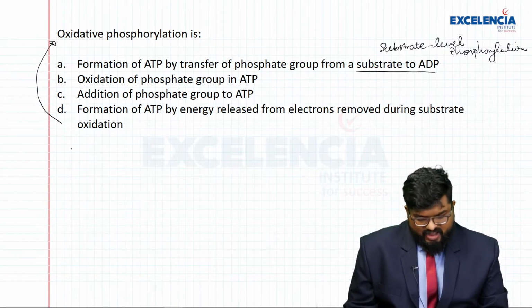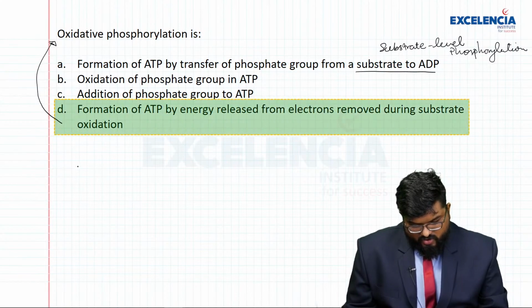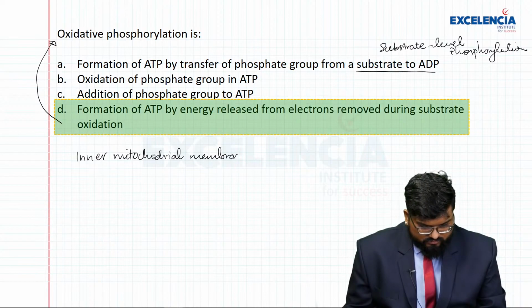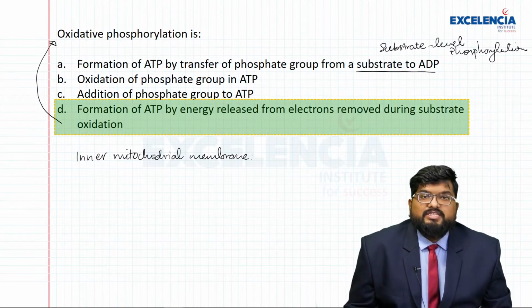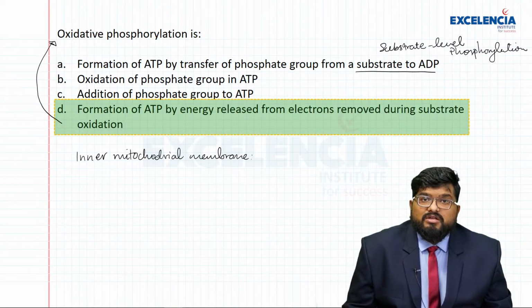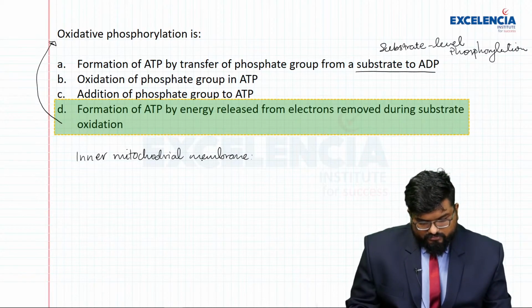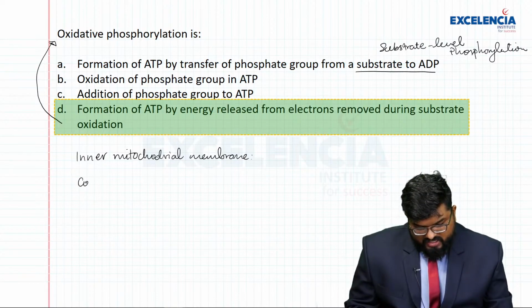So where does this happen? This happens on the inner mitochondrial membrane. On the inner mitochondrial membrane, we have the coenzymes.